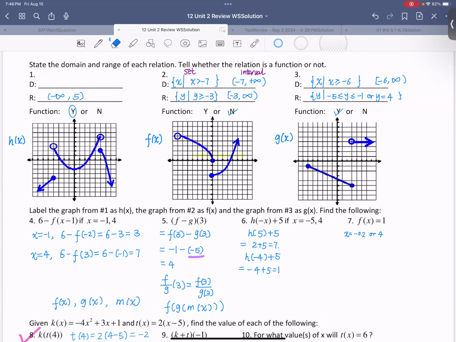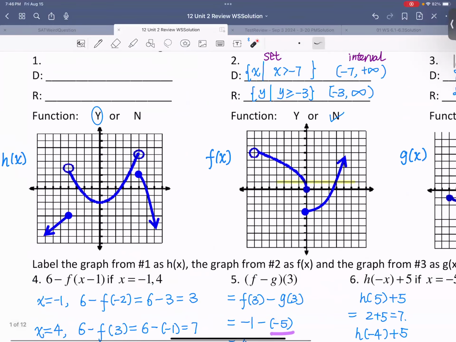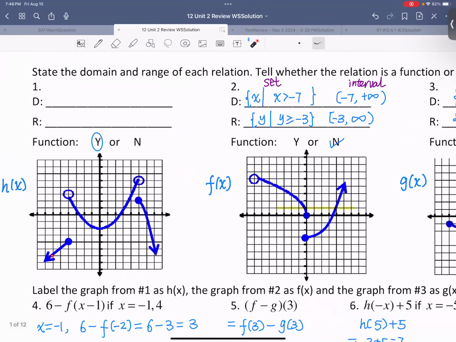I ask you this here. Who is the domain? What is the X value?